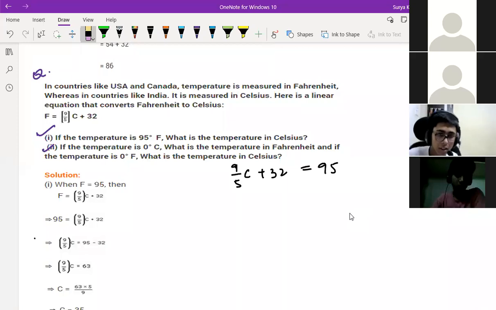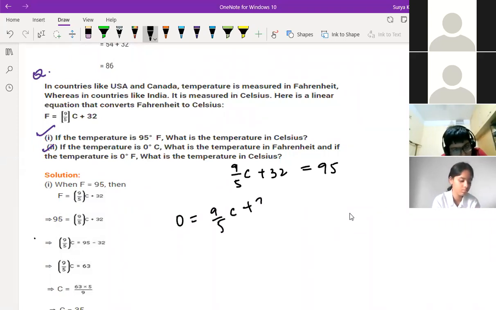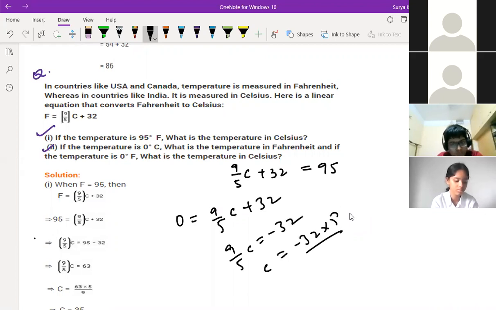Sir, if Fahrenheit is 0 degrees, then the Celsius will be 160 upon 9. If Fahrenheit is 0, then 9 by 5 C plus 32, then 9 by 5 C is equal to minus 32. C is equal to minus 32 into 5 divided by 9.